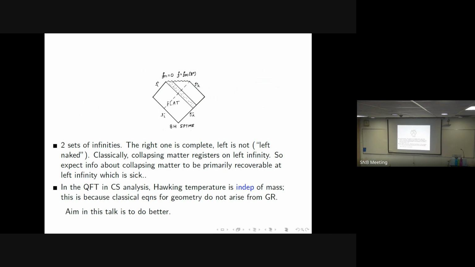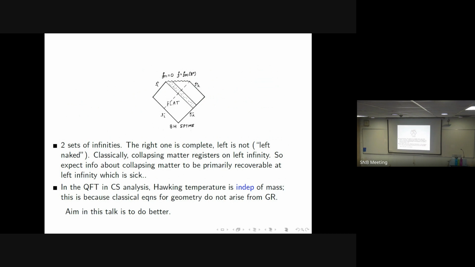If you look down from right future null infinity, of course you don't see the full spacetime, so from the right there is a black hole, perhaps. From the left also you don't see the full spacetime. Maybe there's a black hole from the left. However, when you go into detail, you find that right future null infinity is geodesically complete, whereas left future null infinity is not geodesically complete. So the singularity is left naked and right closed.